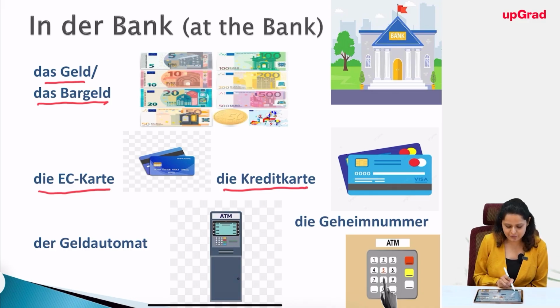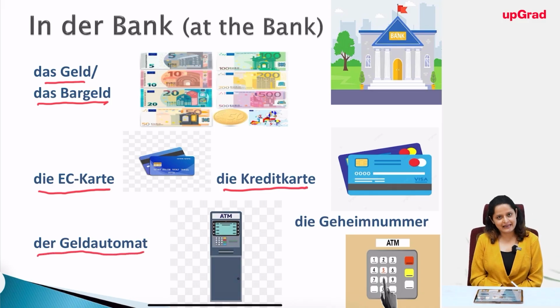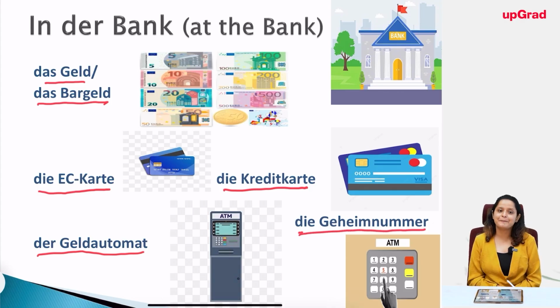After this, we come to the word der Geldautomat. Der Geldautomat is your ATM machine. After that, we have the word die Geheimnummer, which is your PIN. It could be your ATM PIN, it could be a credit card PIN. Whenever you are using the word PIN, the German word for it usually is the Geheimnummer, but we can make do by using the word PIN.